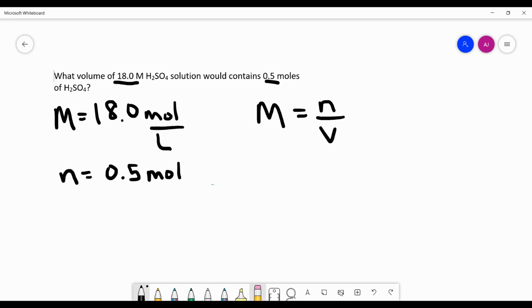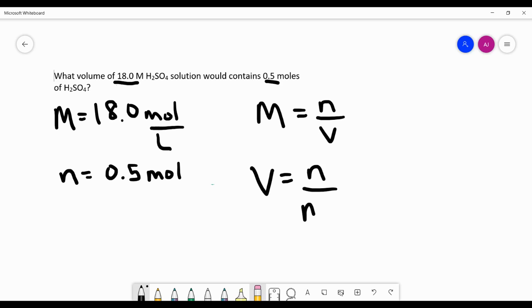You might sub in values and rearrange the equation. Doesn't matter to me. As long as you can get the answer, and as long as I can follow your steps, that's great. I'll mention a few things that I care about. One, I need to see the units, okay? Second, show me the equation you're working with and substitute the values in.